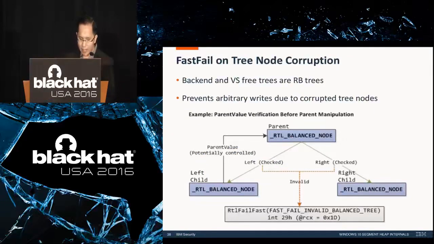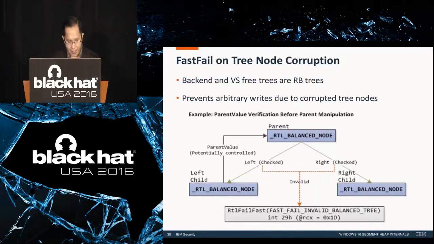Similar to linked list node corruption, an attacker can also cause an arbitrary write if the tree nodes are attacker controlled. In this example, the attacker may have controlled the parent value of this left child. If that is the case, when the parent of this left child is manipulated, an arbitrary write may occur.